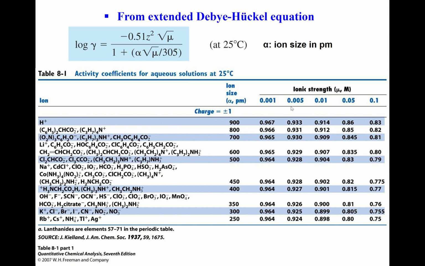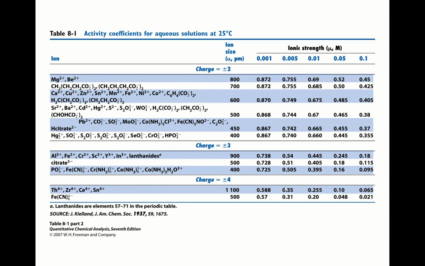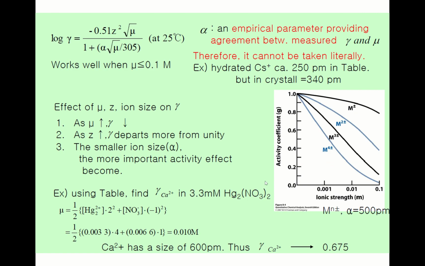But as ionic strength becomes larger, for example 0.1 molar, for the larger ions the activity coefficient is only 0.83, but for the smaller ions the activity coefficient becomes smaller. That's the general trend.